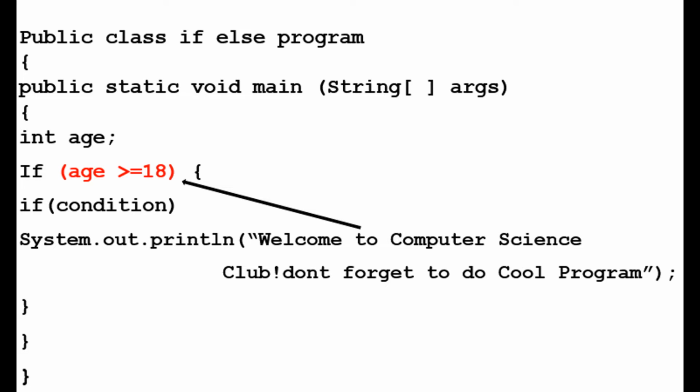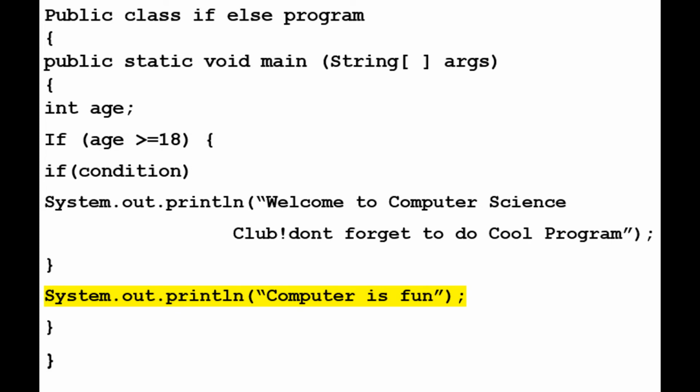If it is so, the statements inside this block will be executed. And the next statement, System.out.println, let us say "Computer is fun", will execute irrespective of the outcome of this condition, even if the condition fails.